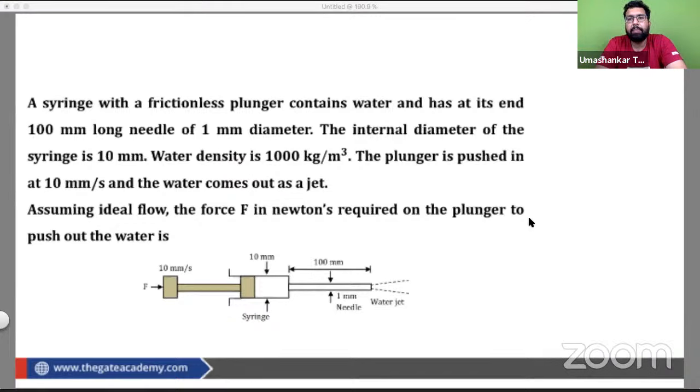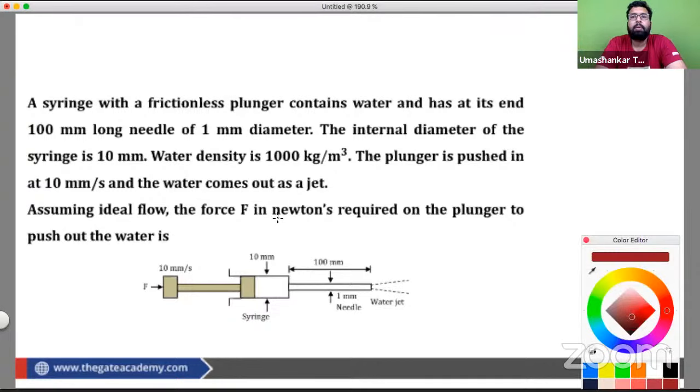The internal diameter, everything is given. Just try to solve this question.